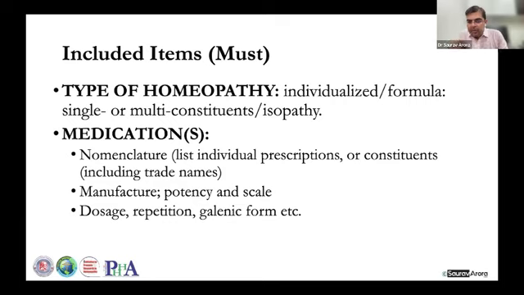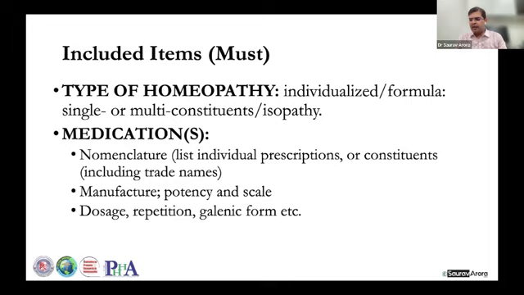The individual prescription should be listed. What were the constituents, the manufacturer, the potency, the scale? It is important, because in one case we can use N potencies. There is no problem, but we should mention those potencies, dosage, repetition, or galenic form. For example, if we are reading a case study from Europe, they may be using D potency, but we are using C potency.